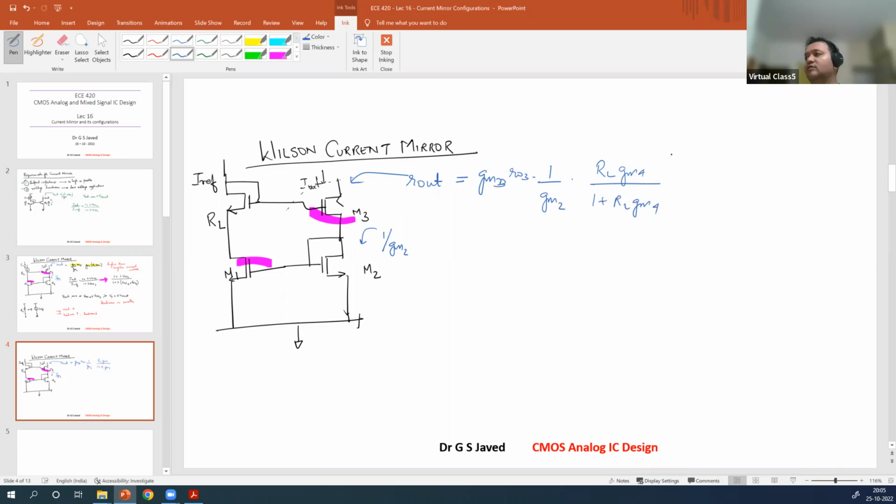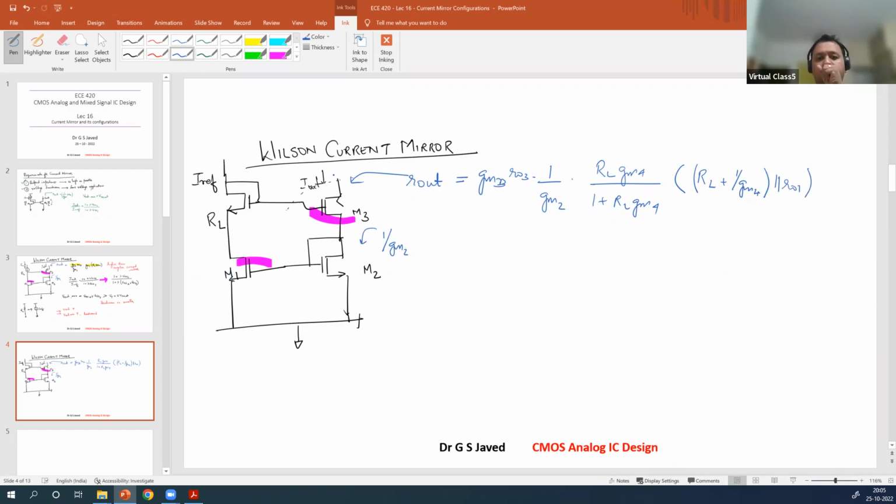Okay, this is the effective gain multiplied by the total resistance seen at this point. So what is the resistance here? The parallel combination of this circuit, RL plus 1 over GM4. Now this one will be in parallel with R1 of this device. Okay, so this would be the total resistance.